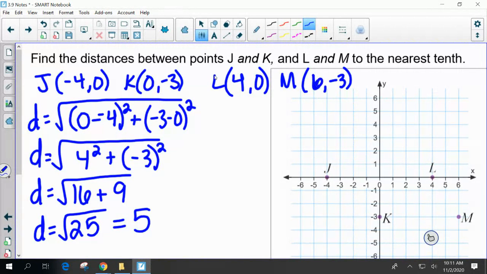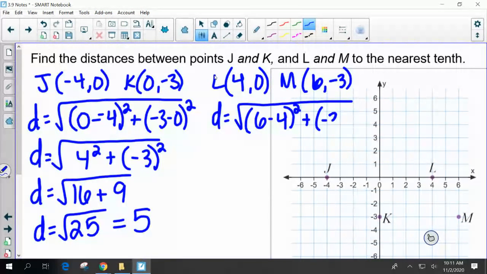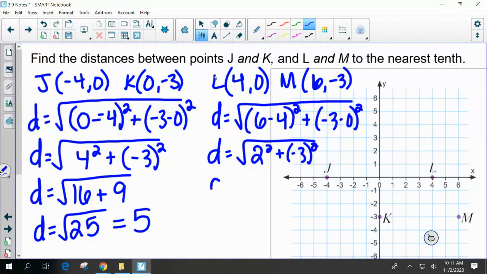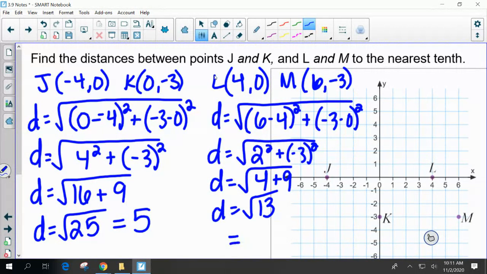So if I plug in my distance formula, I would have 6 minus 4 squared plus -3 minus 0 squared. So then I simplify, and that gives me 2 squared plus -3 squared. So that is 4 plus 9, which is the square root of 13, which equals 3.6.